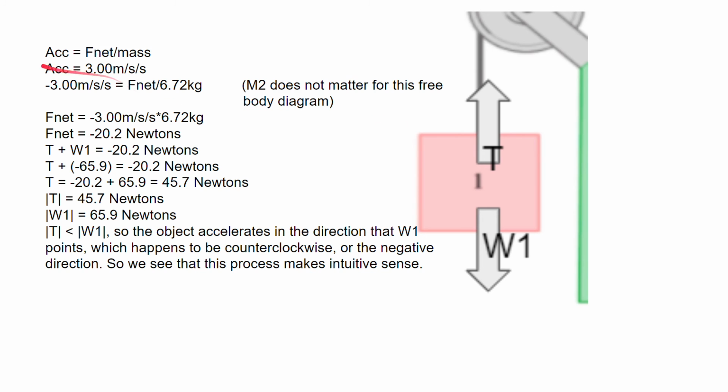we're going to say that the acceleration is negative 3 meters per second squared, the mass of the object is 6.72 kilograms, and the weight of the object is 65.9 newtons in the downwards direction.